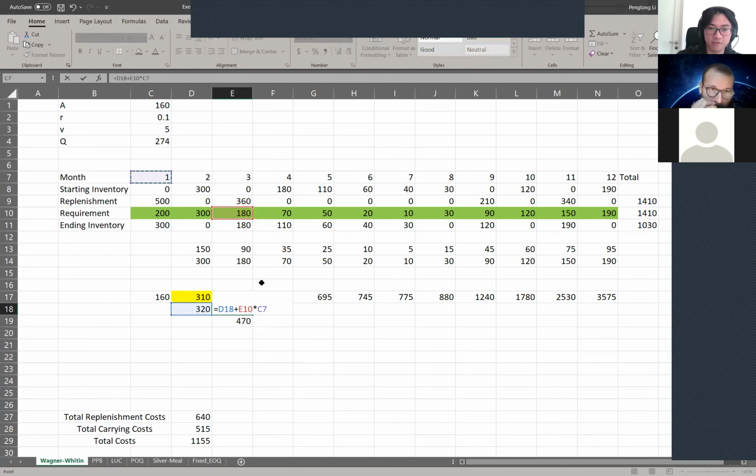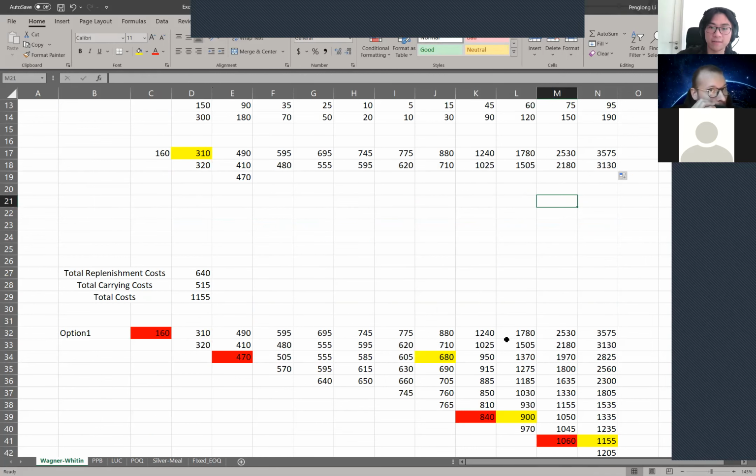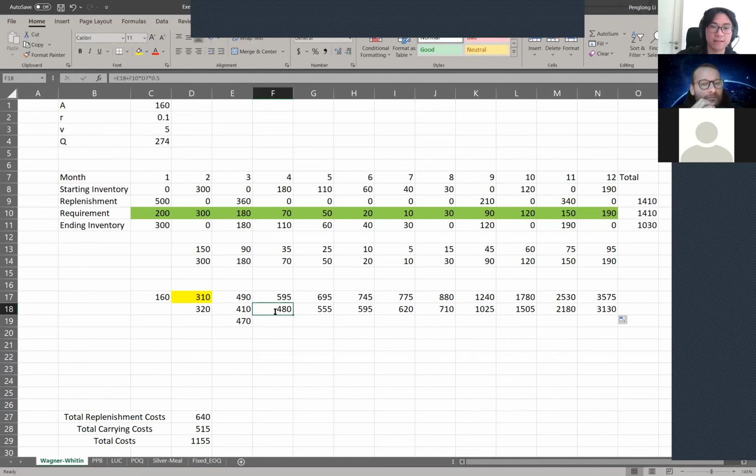We're carrying this for 1 month, and we drag this, and you see that this is calculated by 2 times because we're carrying this for 2 months. And then we mark the smallest number here, and that is the number we're summing with the order cost.